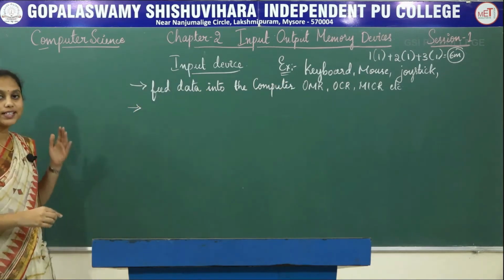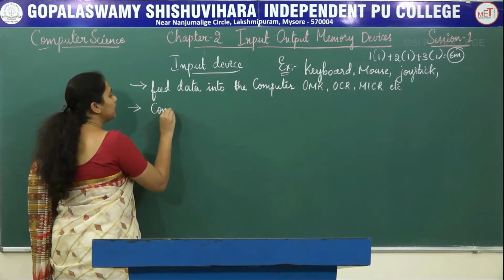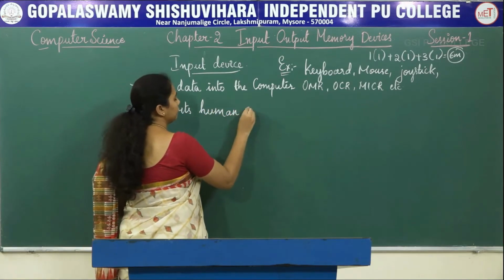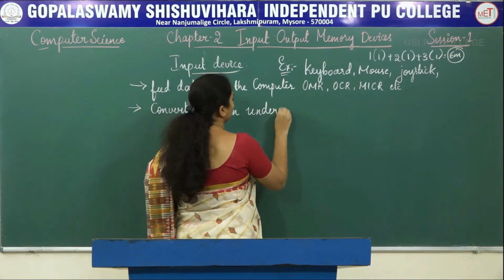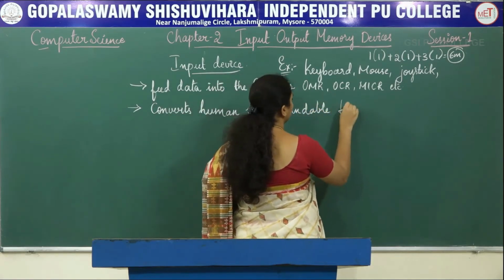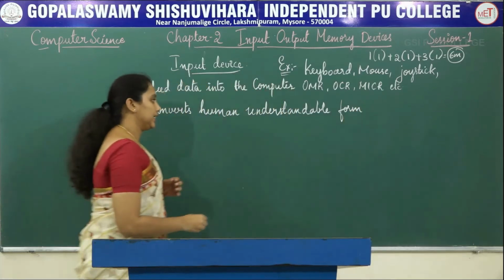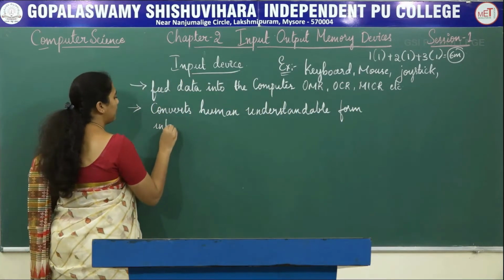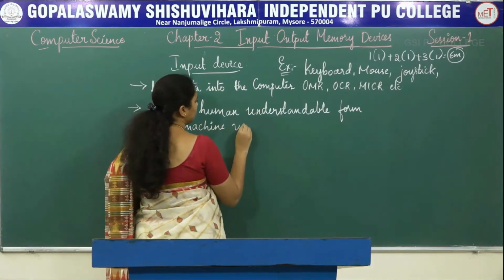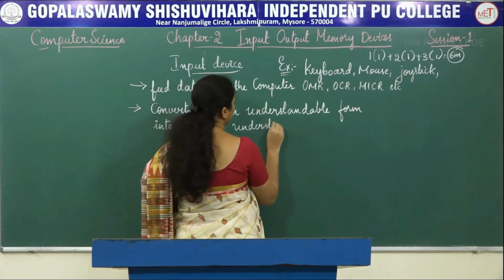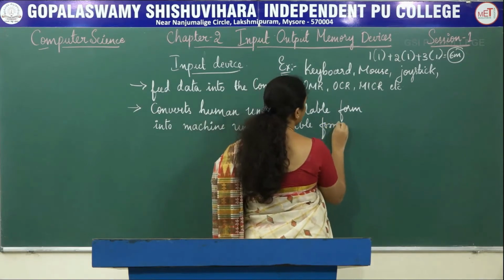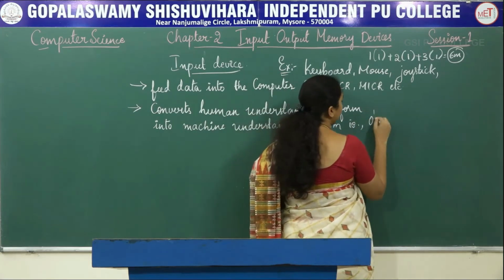What it will do is convert the human understandable form into machine understandable form, that is in the form of zeros and ones.